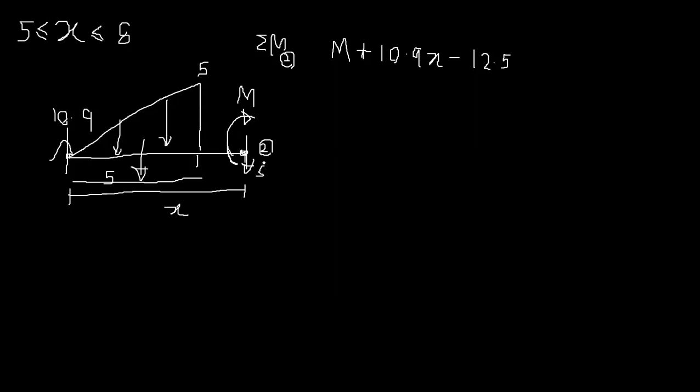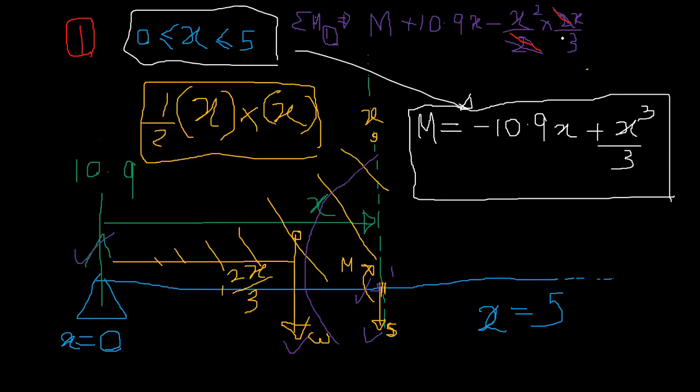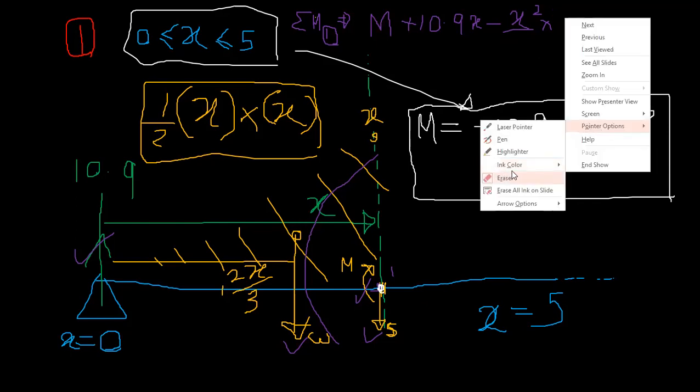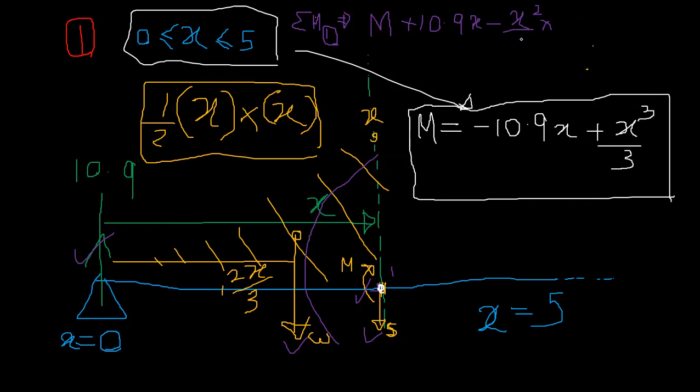right? Remember, from here, it's going to be how much? And the earlier also, I think we did a mistake. Here we are taking bending moments about this point, right? Here we are taking bending moment about this point. So that's going to be, yes, x over 3. Here it should be x over 3, right? Sorry about that. X squared over 2 is the total load.